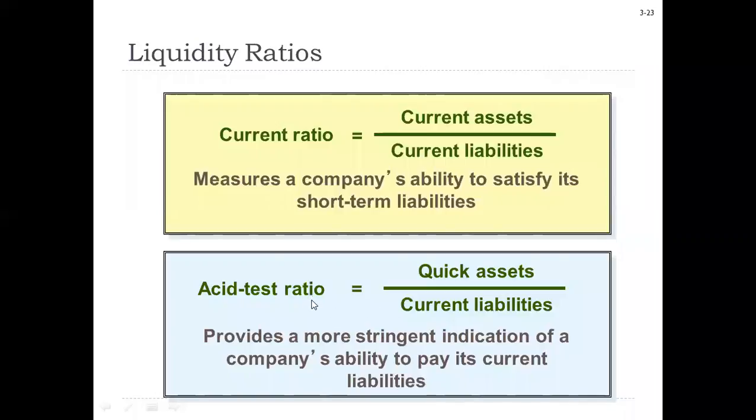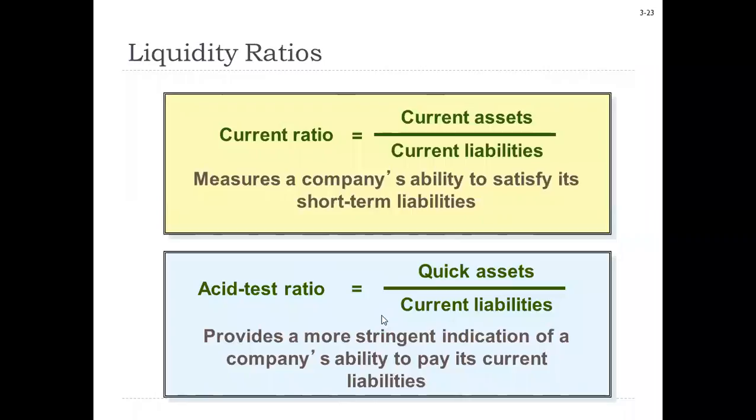The acid test ratio is similar to the current ratio, except instead of the numerator being current assets, the numerator is quick assets. Quick assets are those assets that can be converted to cash really quickly. As we'll see when we go through the homework, that's cash, short-term investments, and accounts receivable.